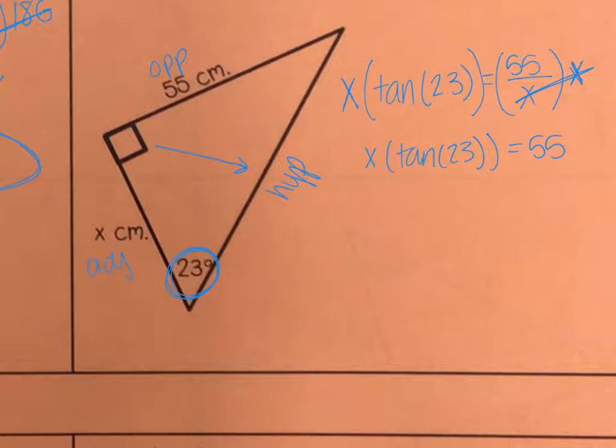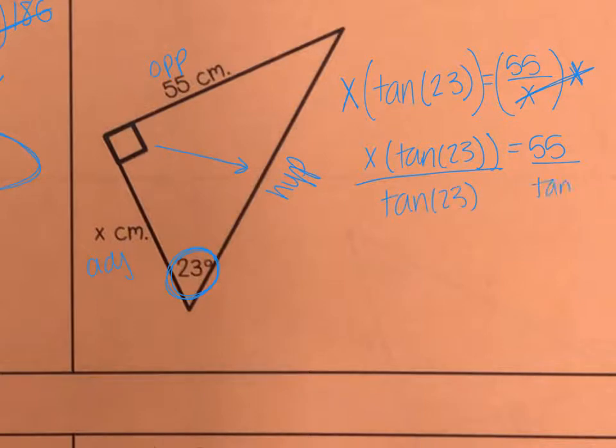Just looking right here in that square, what operation is happening? Multiplying, right? It is X times tangent of 23. So how do I get rid of multiplying? Division. So I'm going to divide both sides by tangent of 23.